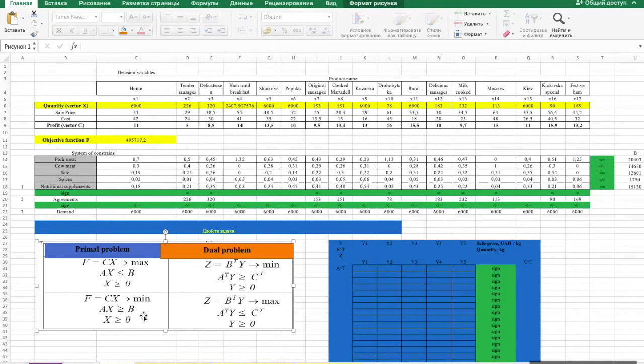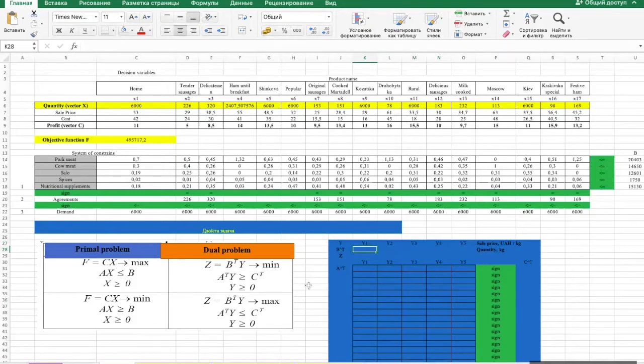That's why we need to find it. That's why our decision variables are the price of each of our resources. We have 5 resources, so we will have 5 prices.